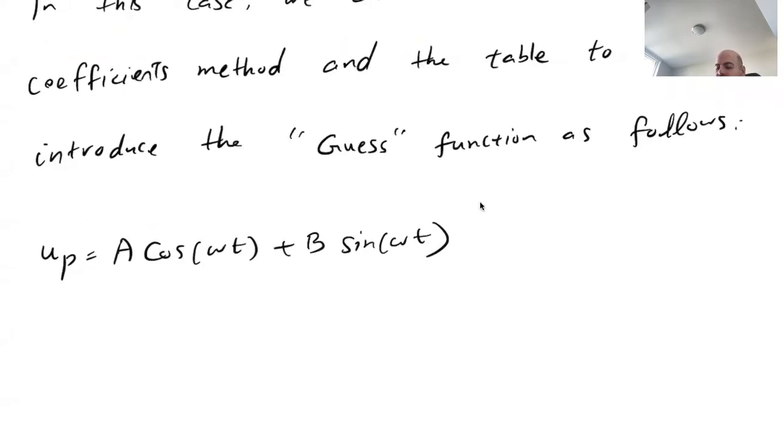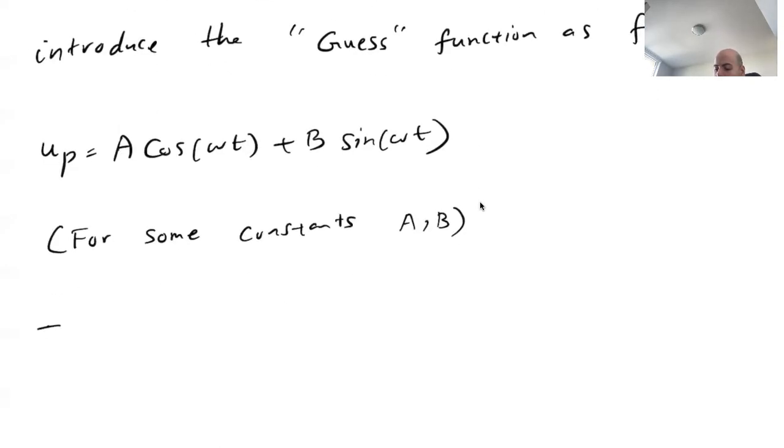And we need to find these constants A and B. So for some constants A and B, now to find A and B, substitute UP into our ODE.